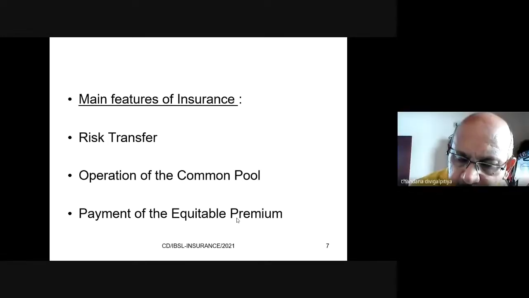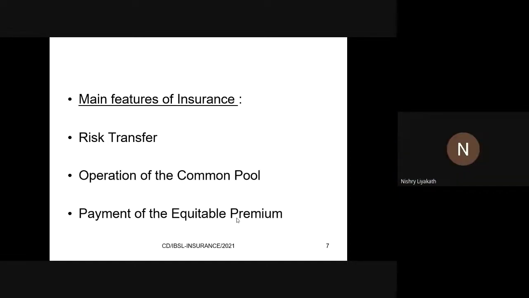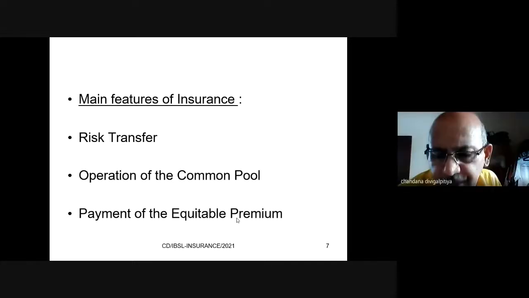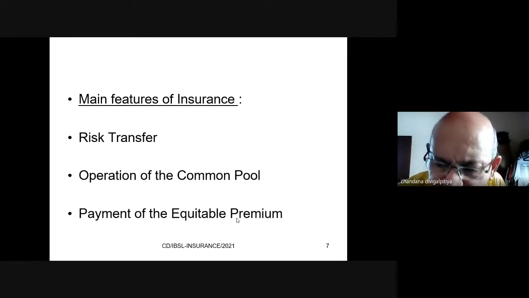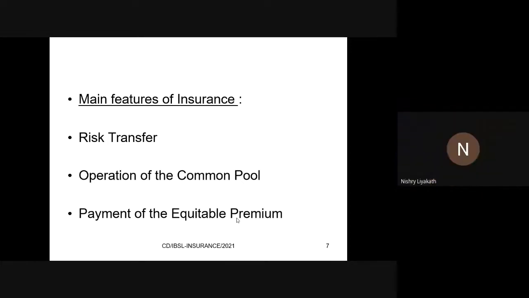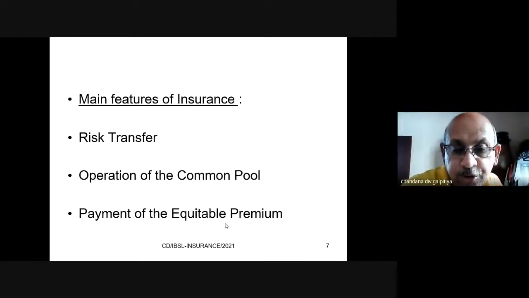No. Why? Because of the electricity board employee's employment. He's working at the electricity board. That's why you want to charge a high premium. Yeah, because of the life risk. So that's why I want to verify the equitable premium.